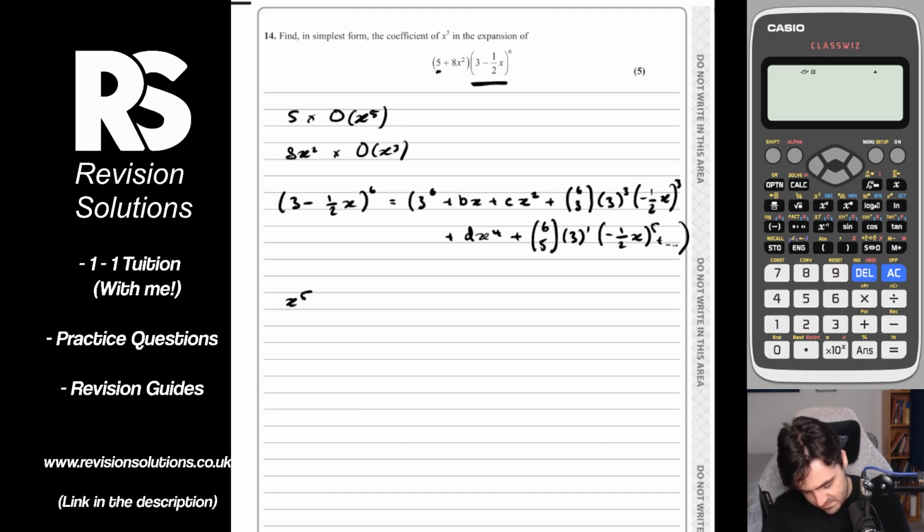So this x cubed term, which is 6 choose 3, 3 cubed, minus a half x all cubed.